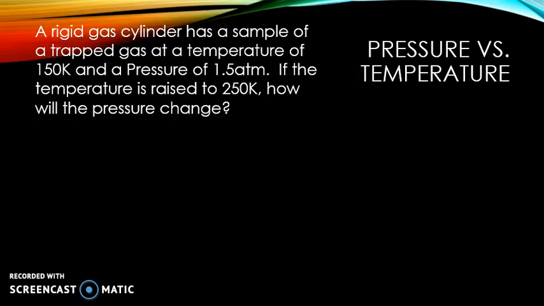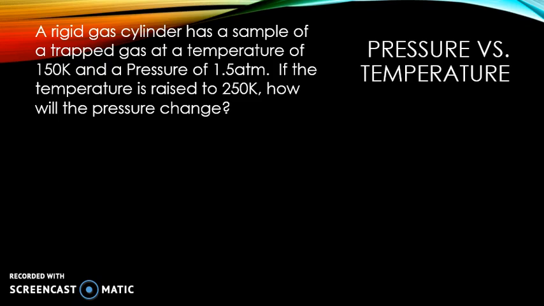Let's look at an example problem. Now in this problem, the first thing that I notice is that the problem is talking about a rigid gas cylinder. And before we talked about that being kind of a code for the volume in this problem is going to remain constant. That's a really good hint that in this case you're going to be able to apply Gay-Lussac's law under constant volume. So let's keep reading.